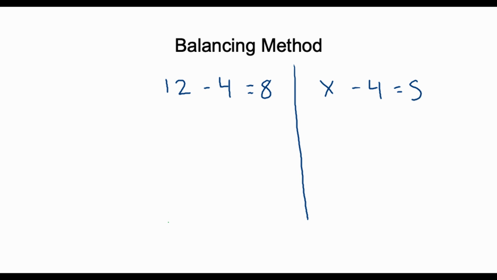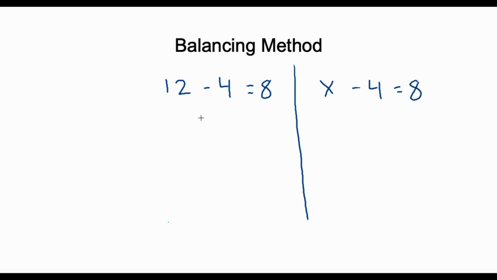Now with subtraction, the number in front will be greater to make it easier for ourselves. So let's say we have 12 minus 4 equal to 8. This is our numerical equation where we can see everything. And on this side, let's say we are going to do x minus 4 equal to 8.